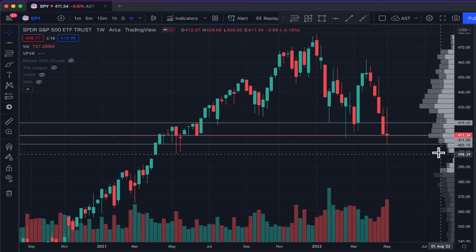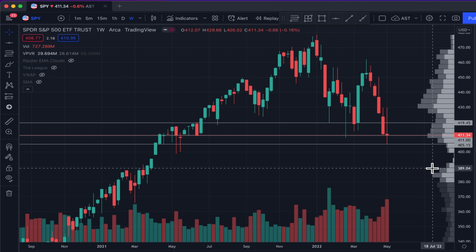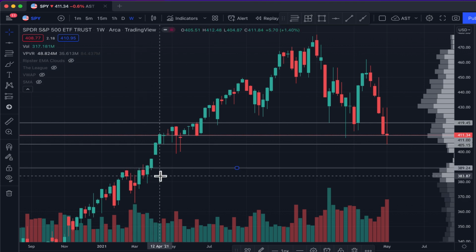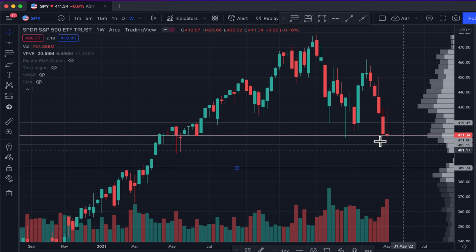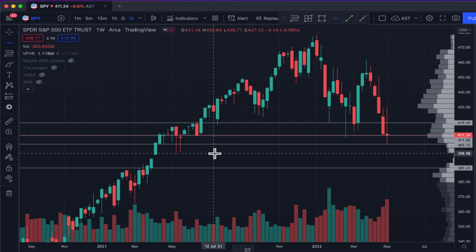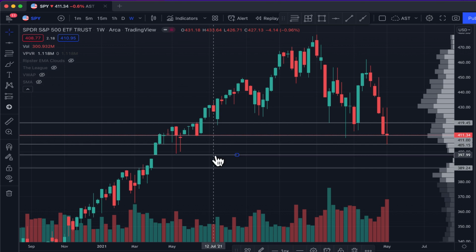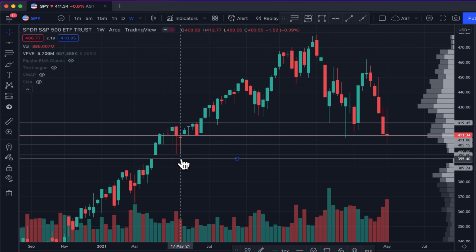You notice we have this huge volume profile gap down to about 390. So I am going to put a little target over here, one that just crosses this body and this wick. I assume we'll get some daily agreement in there, but I do want to acknowledge how crazy this gap could be. I will also put another one here just to mark where the gap begins, knowing that the gap will then end down here.